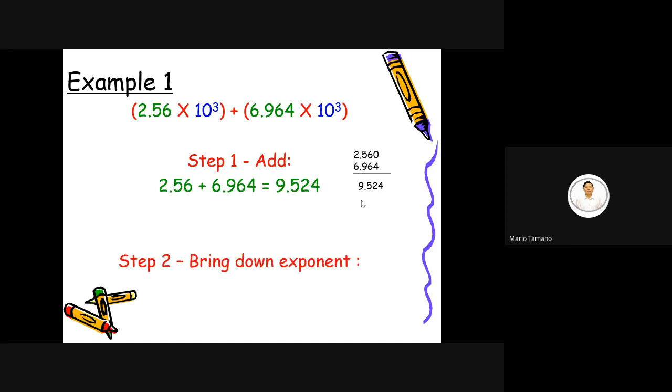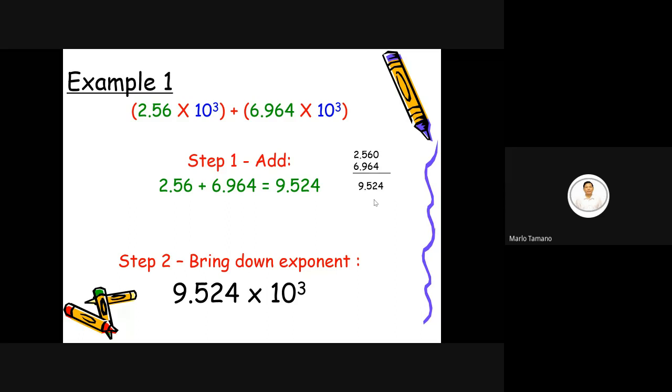Then, step number 2, bring down the exponent. What is our exponent? That is 10 cubed. So, 9.524 times 10 cubed. That is your final answer. Is it difficult? Okay, very good if not.